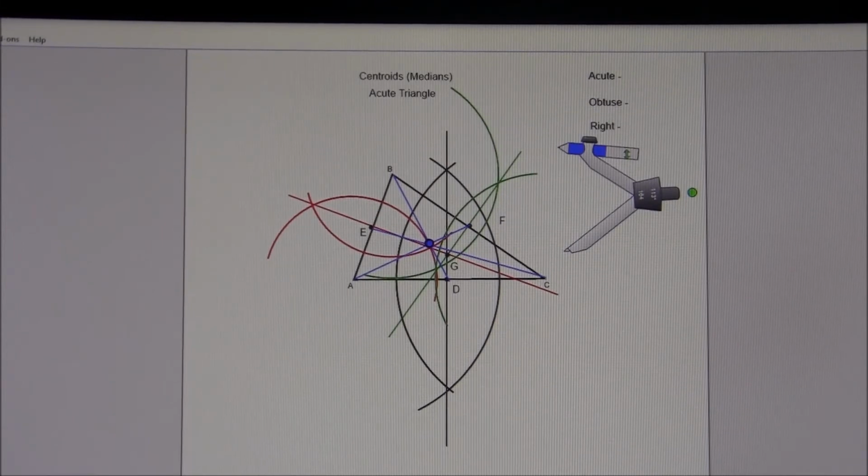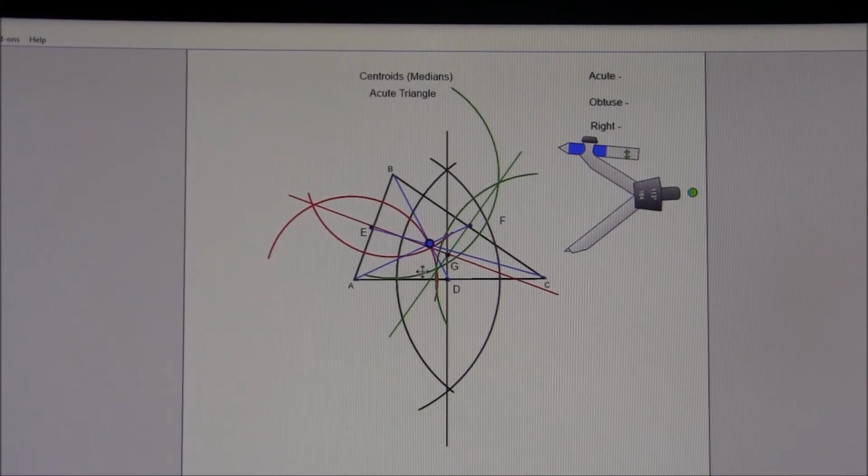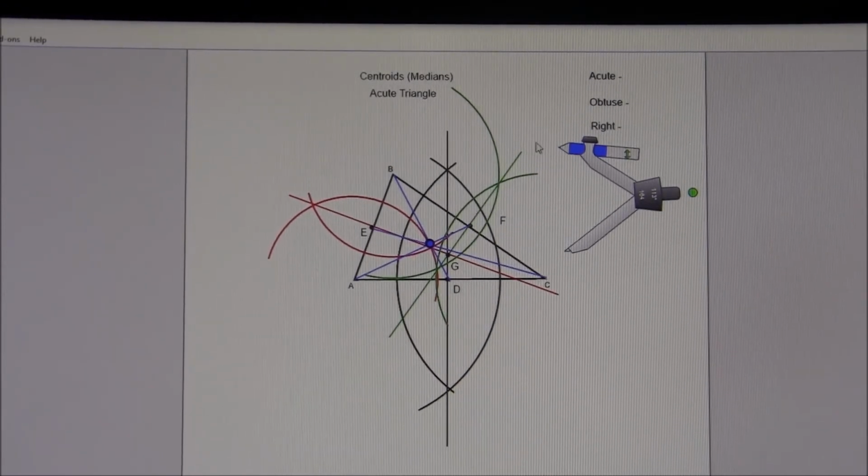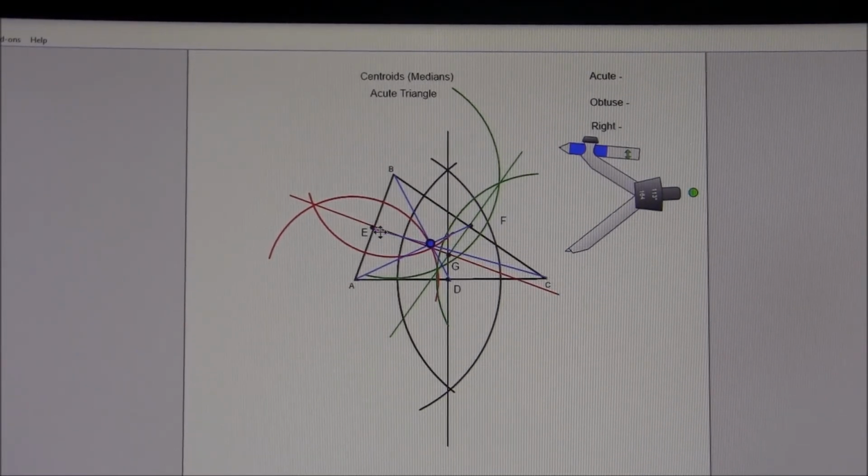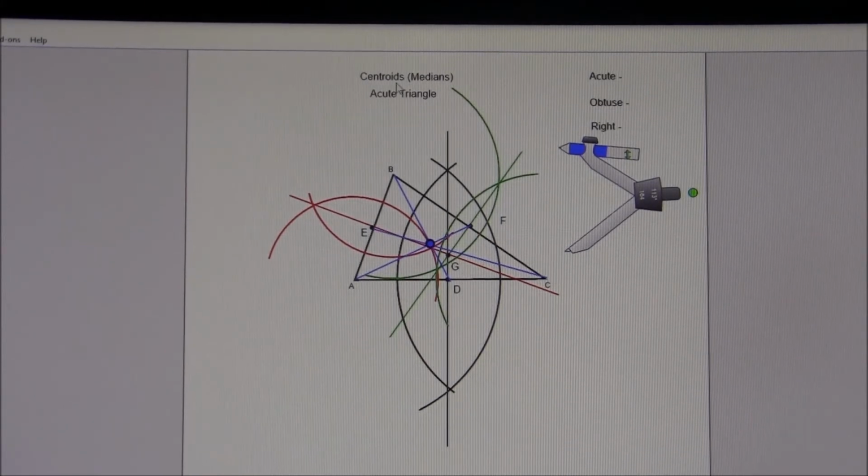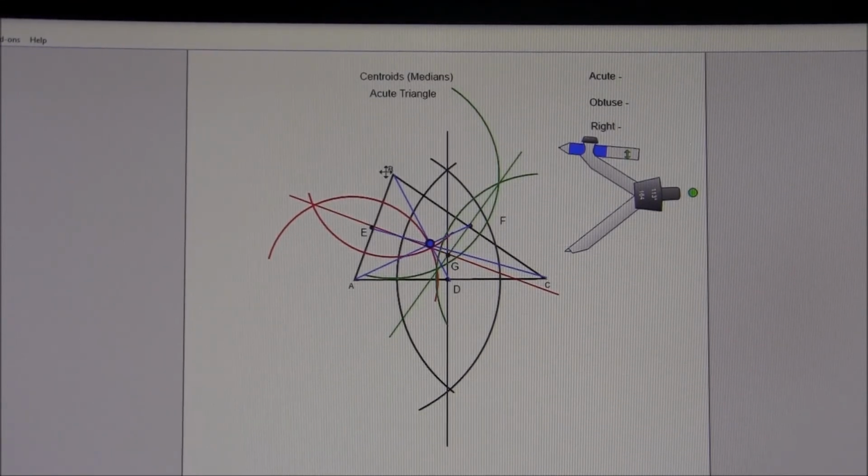So we had to bisect to figure out where the midpoint is for each segment, and those were points D, E, and F. But from the vertex to that midpoint, that's what makes a centroid and a circumcenter different. Remember, circumcenter was from G to the vertex.